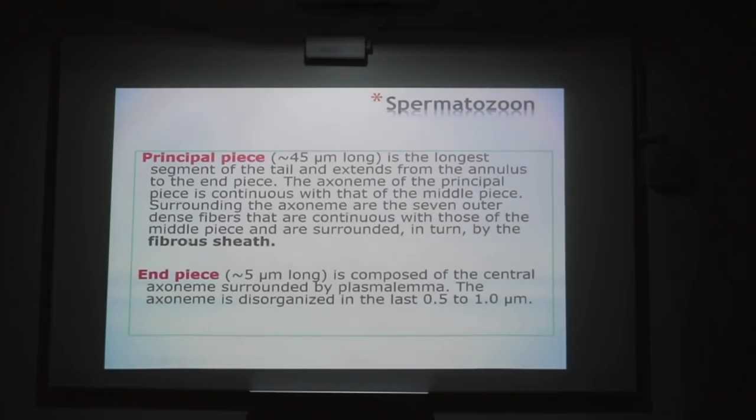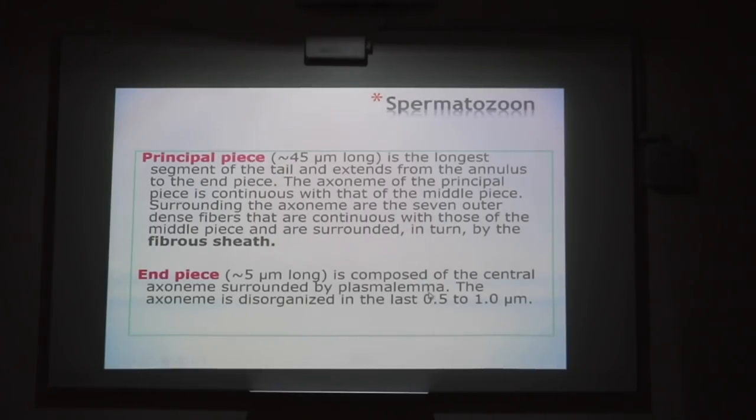The principal piece is the longest segment of the tail and extends from the annulus to the end piece. The axoneme of the principal piece is continuous with that of the middle piece, and it is surrounded by the 7 outer dense fibers that are continuous with the other part of the middle piece, and in turn by the fibrous sheet.